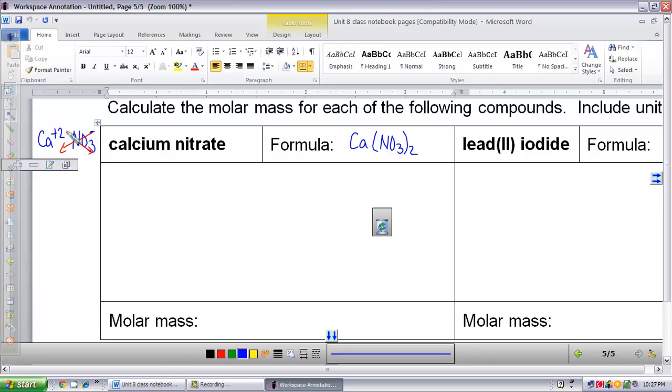So it needs 2 nitrates in order for each nitrate to take 1 electron, which results in this bonding. Now we're just going to add it up like before. Looking at the periodic table, you have 3 elements in this compound: calcium, nitrogen, and oxygen. Calcium has an atomic mass of 40.078, and there's only one of them in the compound.